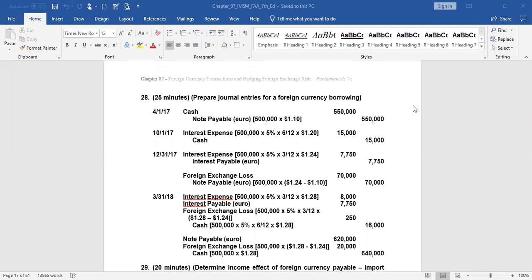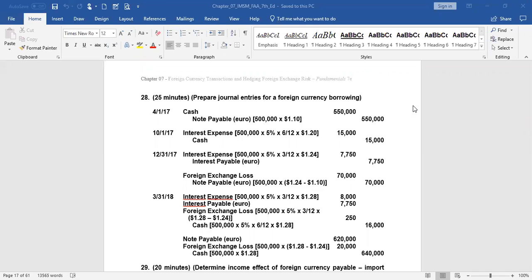What's the current principal in our note payable? Well, it was the exchange value of the principal as of December 31st, $620,000. Remember, when we borrowed, the value of the loan was $550,000, but as of the end of the year, it increased an additional $70,000 because the conversion rate increased.